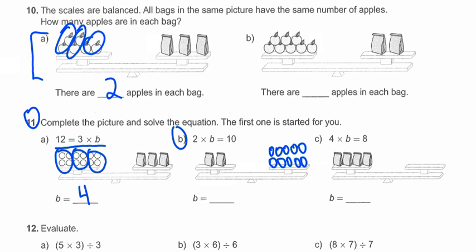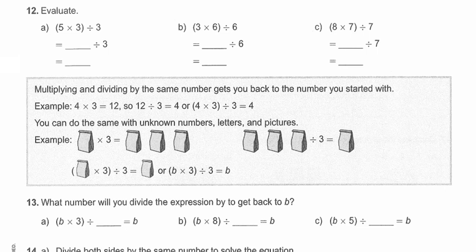And then I have 2 bags, so there's 1 bag, there's 2 bags. How many apples are in each bag, rather? It's 5. Let's move on. For question 12, it's saying evaluate, so we simply multiply out. 5 times 3 happens to be 15. 15 divided by 3 is 5.